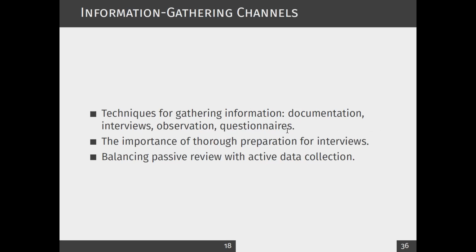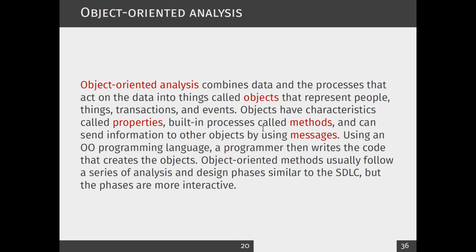And then you will have different information gathering channels where you think about what features users are expecting. So you can have a list of features, and this will be input to the next stage, when you are designing.